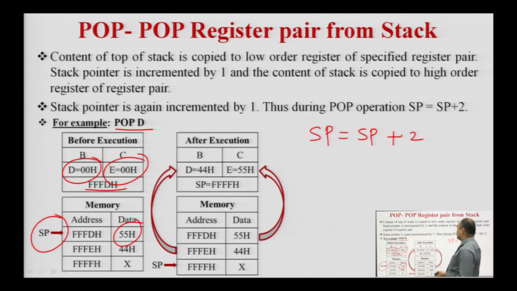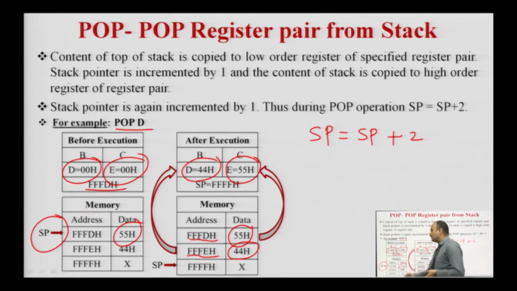After the execution, the microprocessor will first pop the content of the memory location FFFDH, that is 55H, into the register E. The stack pointer again increments itself by 1, it will point to the next memory location having address FFFEH, then the microprocessor will pop the content of that memory location, that is nothing but 44H, into the higher order register of the register pair D, that is D = 44H.